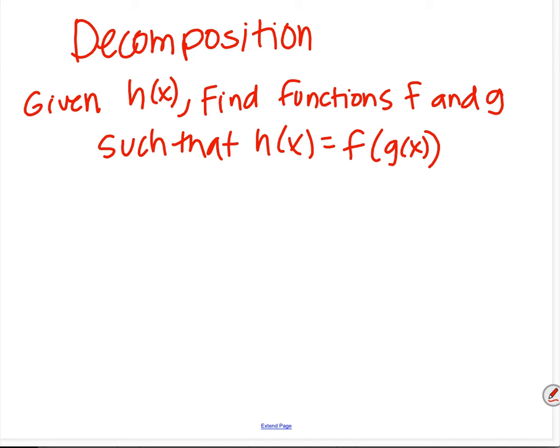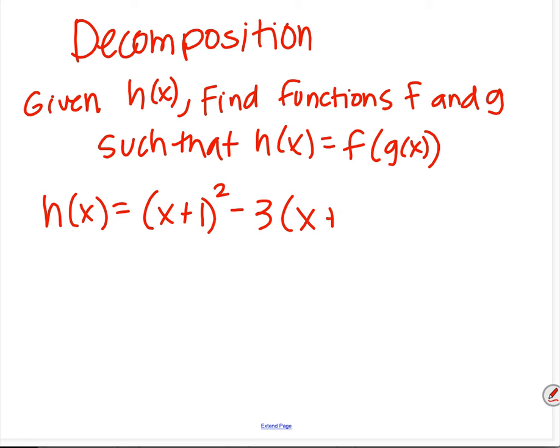So we're given h of x, and h of x would be x plus 1 squared minus 3 times x plus 1 plus 4. So we're given it in a way that it's easy to pick out what was placed in place of x. So this and this are in place of where an x may have been.